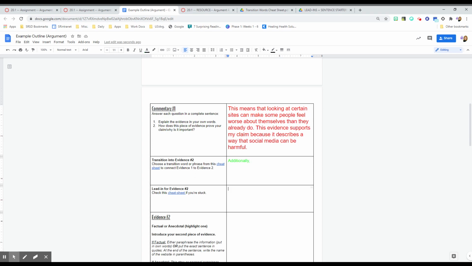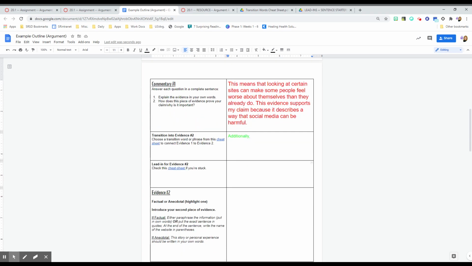And then you're going to want to continue with your lead in information. I'm going to use another type of factual evidence. I do know that. So I want something that's going to lead in appropriately to an article.